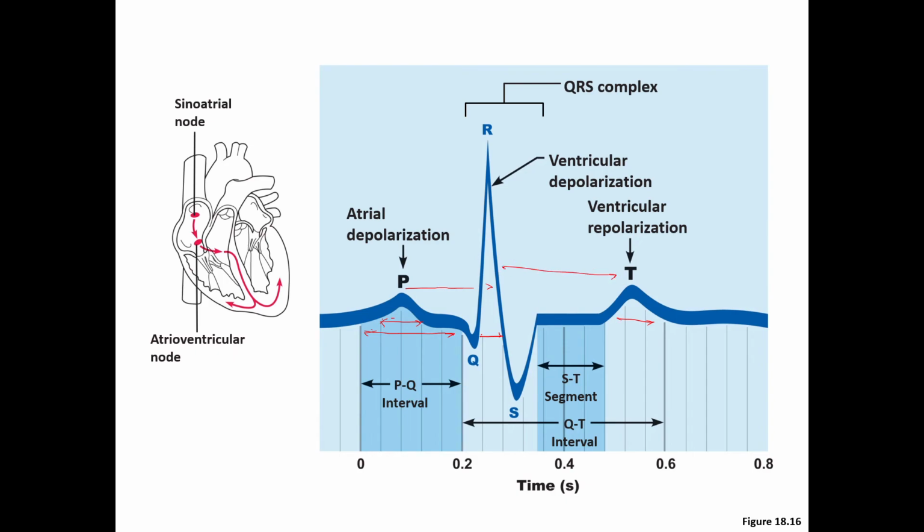So we know the normal range, so how much time the atrial contraction should take, and after atrial contraction is completed, how much time should be there before ventricular contraction.